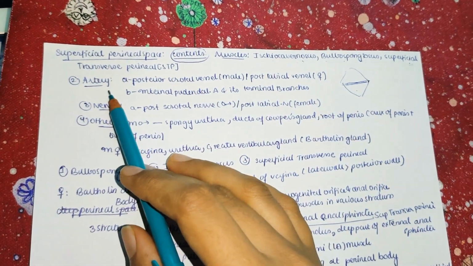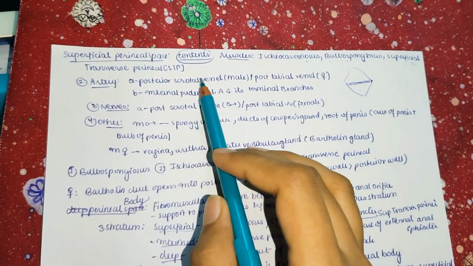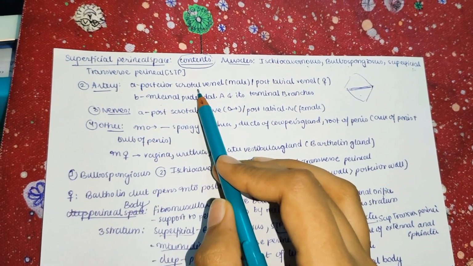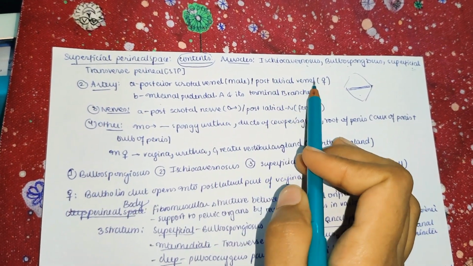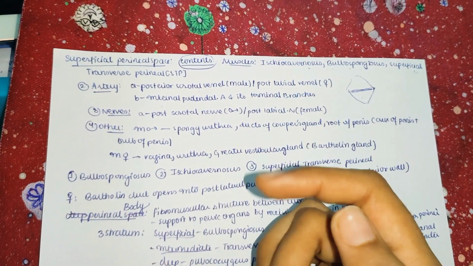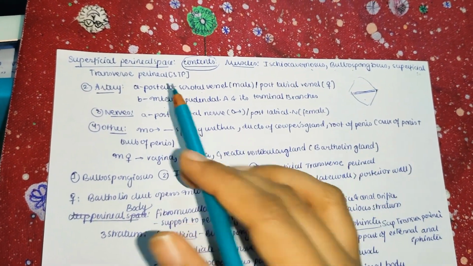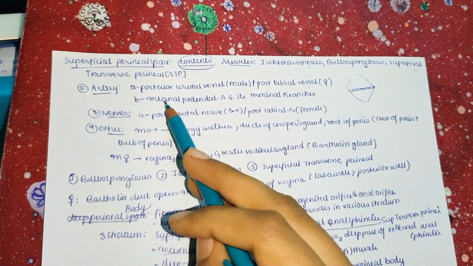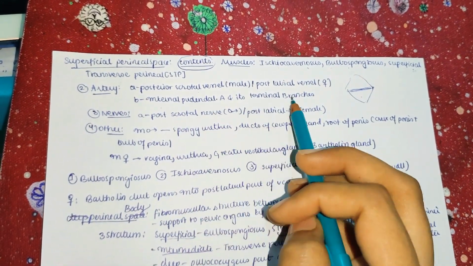And for arteries, there will be the posterior scrotal vessel in male, posterior labial in female. So there dorsal means deep, here posterior means superficial. And also the internal pudendal artery and its terminal branches.